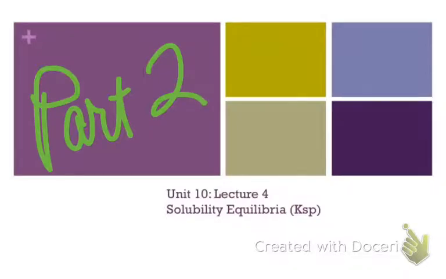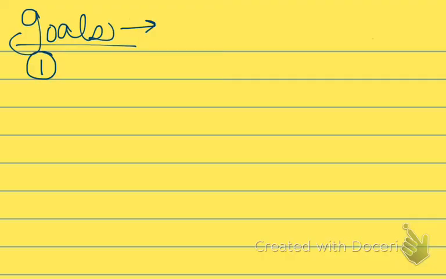Discussion on solubility equilibria. So, let's first start by talking about what we're going to cover in this part of the lecture. We have already spoken about what solubility equilibria is and how we can write a Ksp expression. In this lecture, we're going to look at, if you're given data, how can you solve for Ksp?